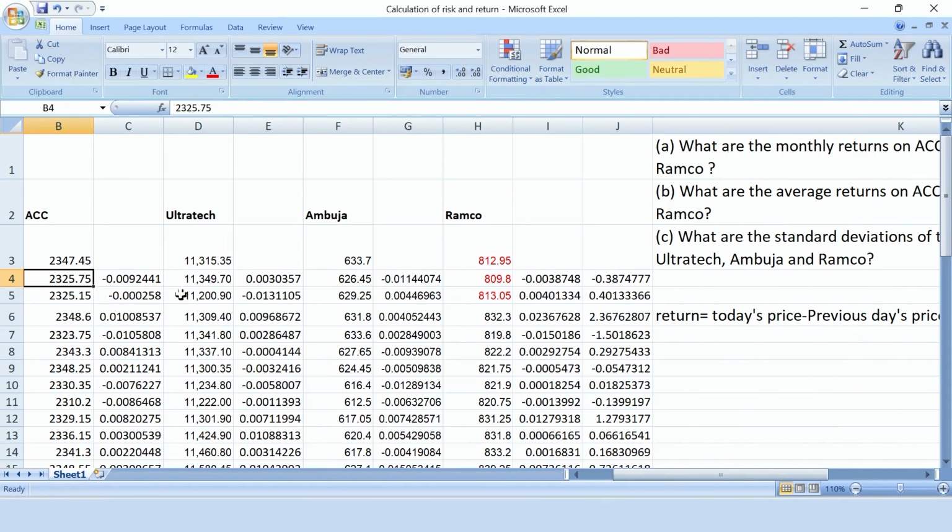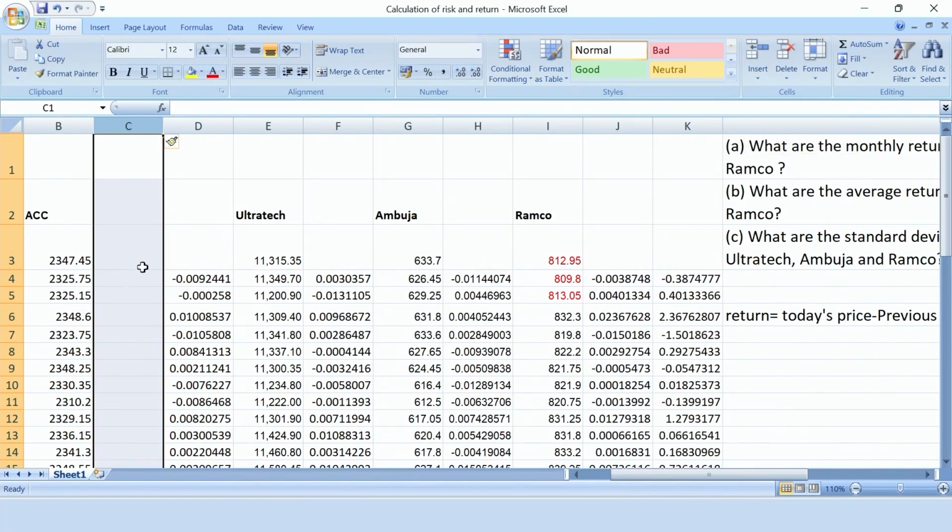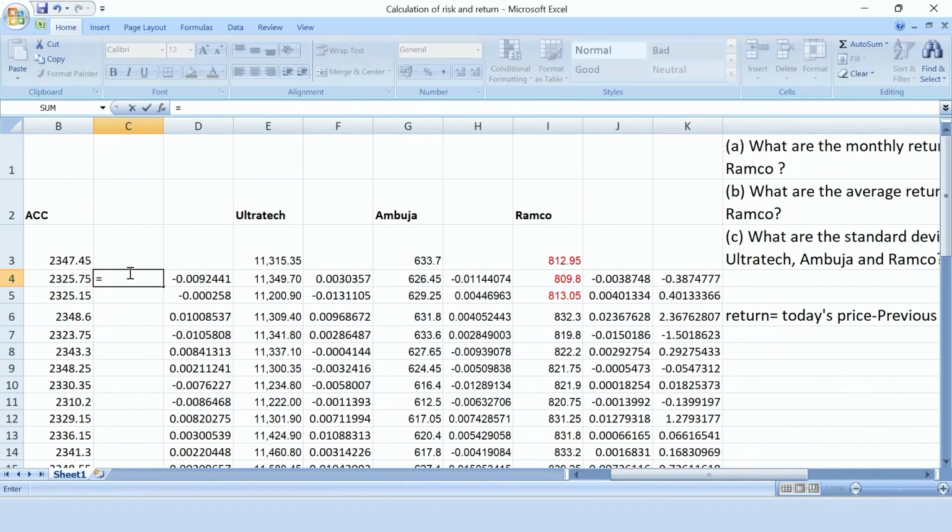If it is not clear to you, I am inserting another column here and explaining it another time. Simply put equal to bracket today's price minus previous day's price, bracket closed, divided by previous day. Just enter and simply drag it.